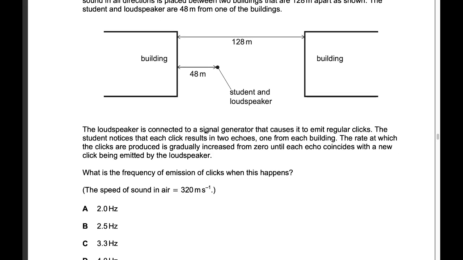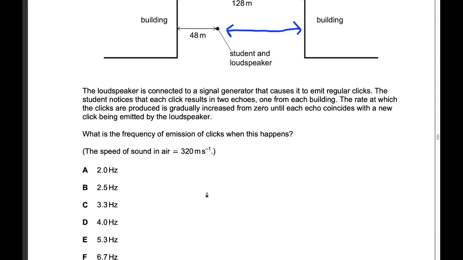So we're going to need to talk about the distance that these sound waves travel when they echo off the buildings. So for the closer building, the time it's going to take is going to be important here. We know it's going to go 48 meters there, bounce off the building and do 48 meters back. So 2 times 48 is 96. We've got the speed of sound in air, and we can use that to work out the time. Time equals distance over speed.